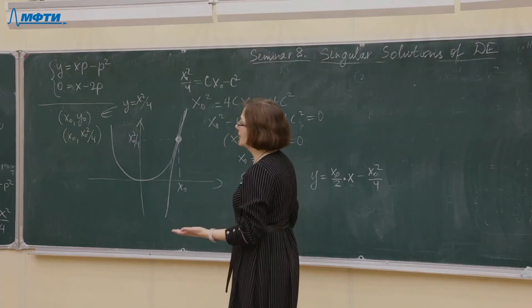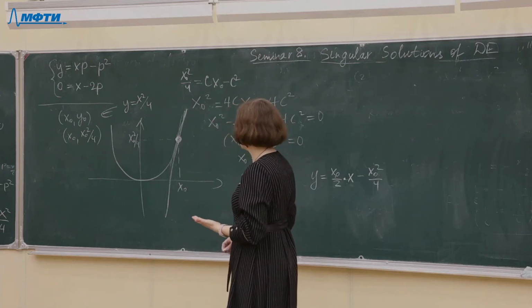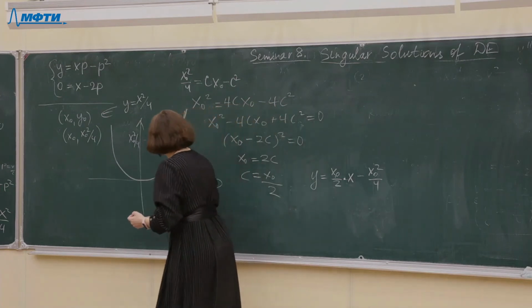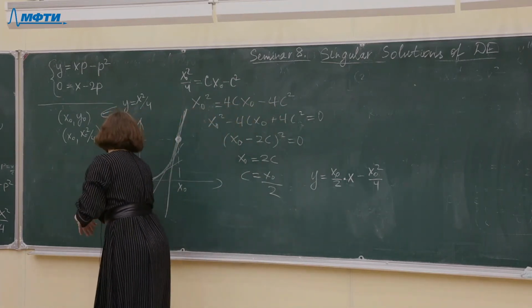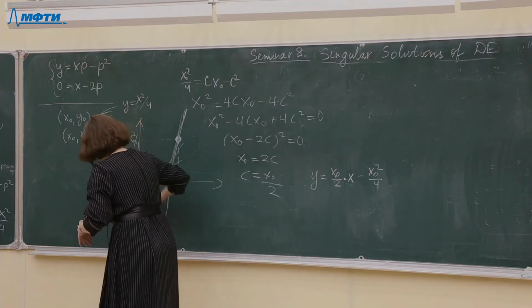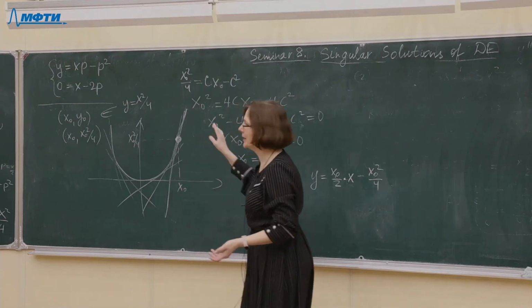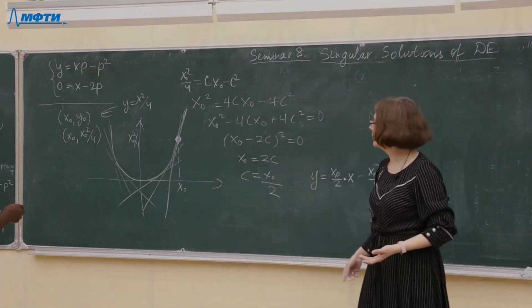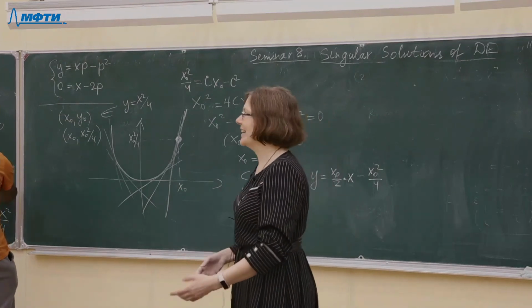So this is indeed the singular solution. This is an envelope of the straight lines. So this is the family of straight lines that are tangent to our parabola. Our parabola is an envelope of the straight lines. So we are done.